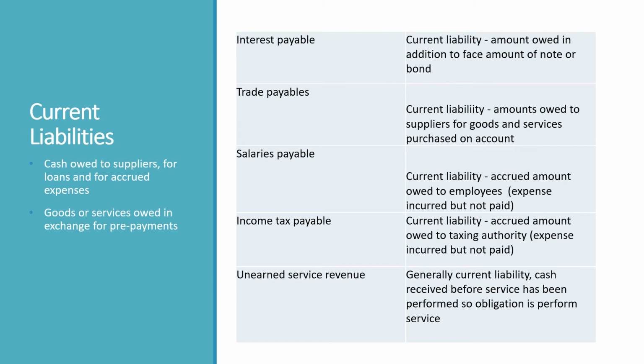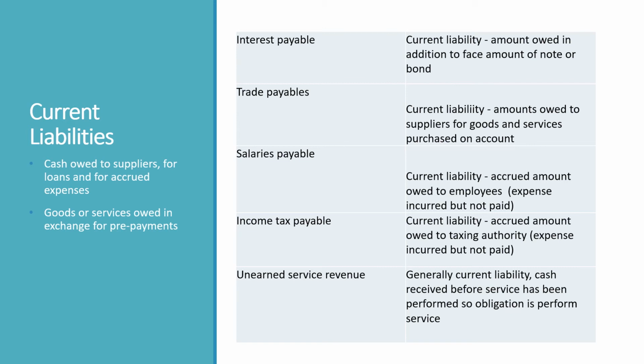So an accrued liability is going to be for an expense that you have incurred but not paid. So our employees have worked, but we haven't paid them yet. Salaries payable. We earned revenue and expenses and net income. So we have taxes that we're going to be paying. We have estimated the amount that we owe, but we haven't paid it yet.